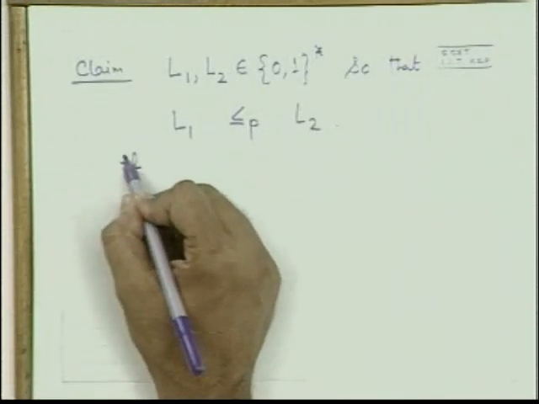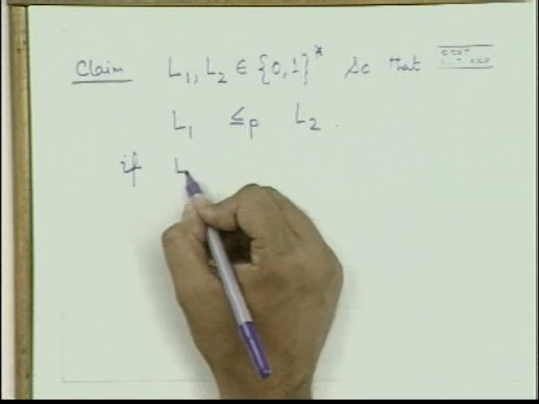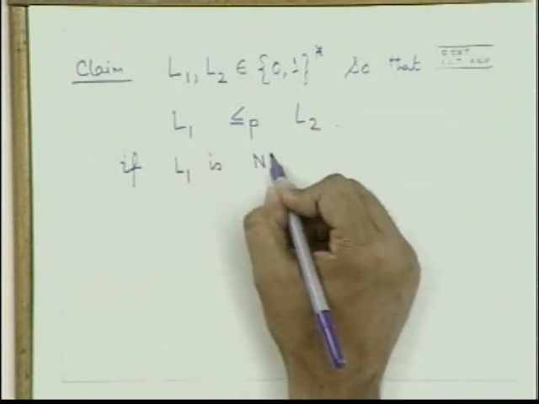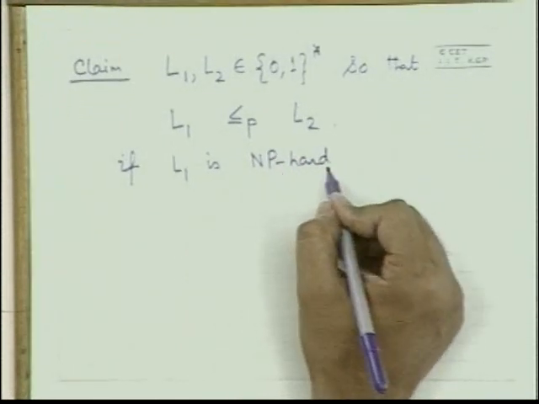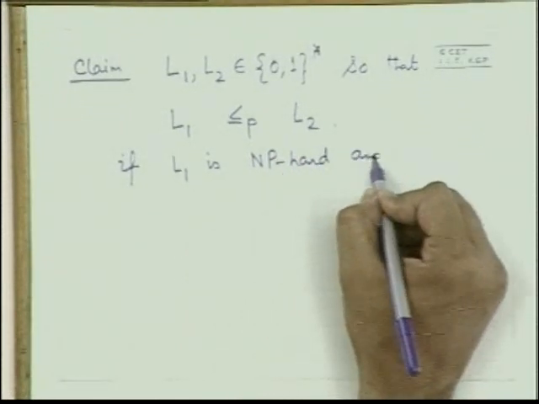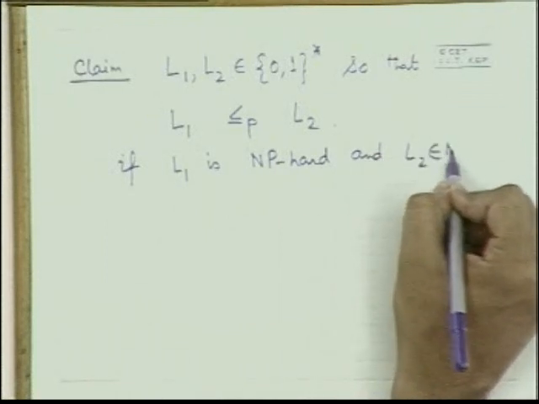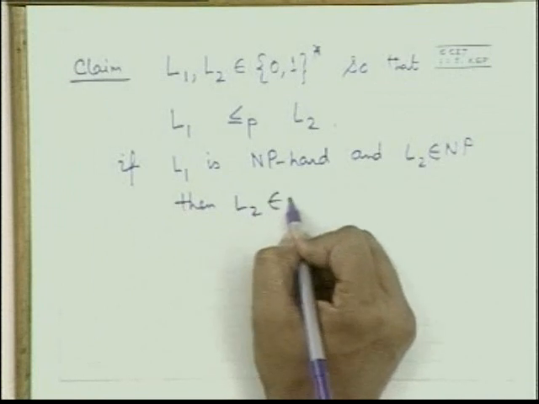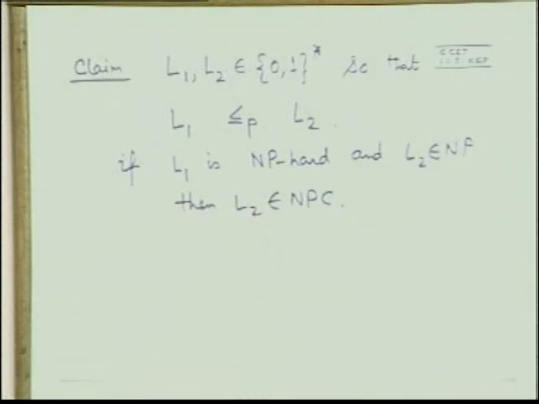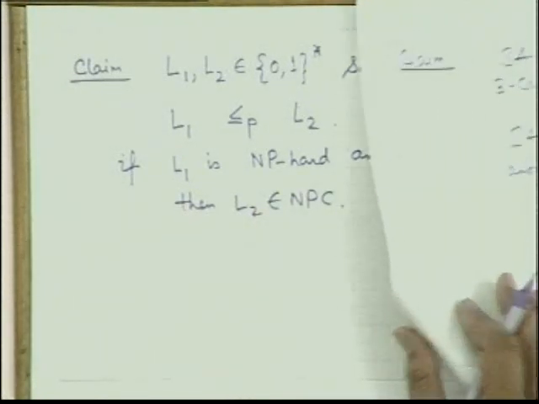Now if L1 is NP hard, I did not define this term yet, I'll define NP hard, and L2 belongs to NP, then you can say that L2 belongs to NPC. Let me go back to the previous slide. I will come back to this slide.